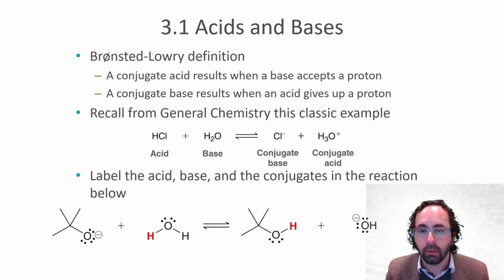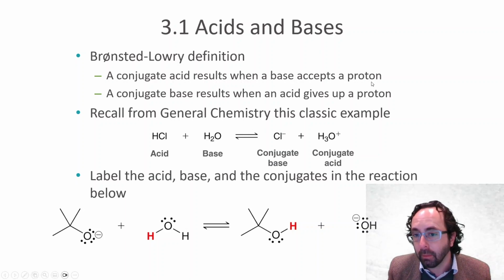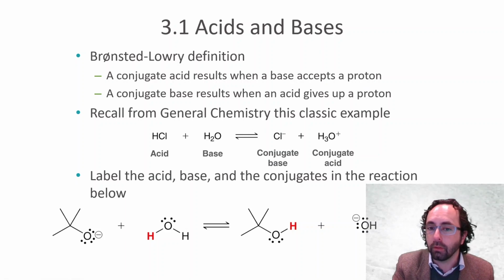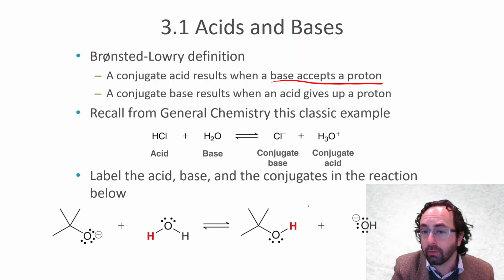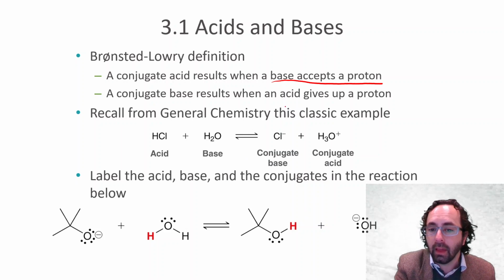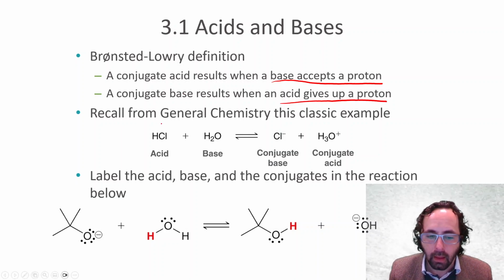The Bronsted-Lowry definition defines an acid as something that gives away protons and a base as something that accepts protons. The conjugate acid is what you get after the base accepts the proton, because that's what bases do. The acid gives up a proton, and the conjugate base is what results.